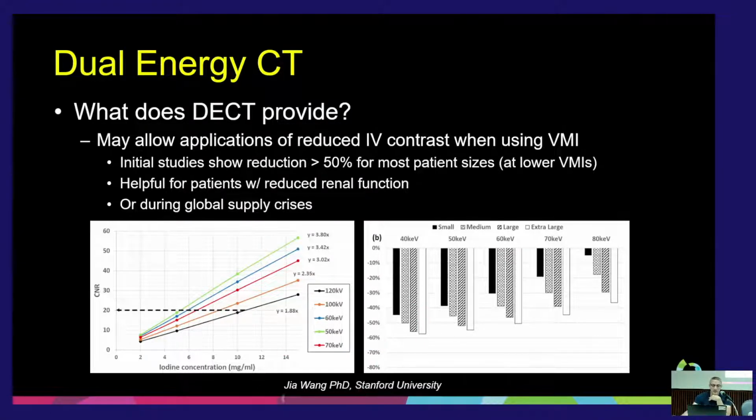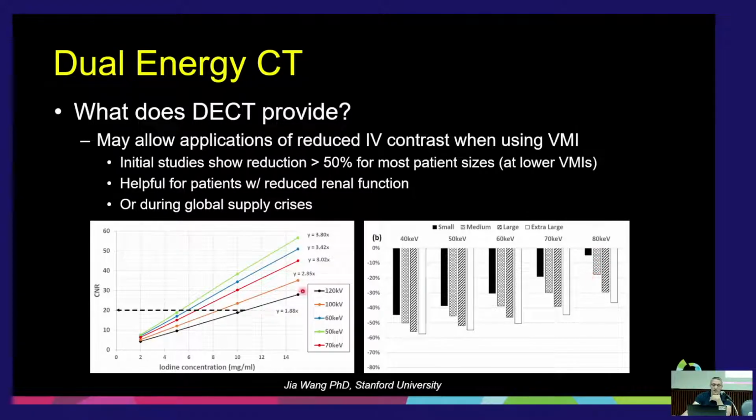In a study that I partnered on with Stanford and a couple of other universities in the US, we acquired a bunch of images with dual energy. We did it with all the different vendors and all the different approaches, and we used phantoms. We calculated CNR in those phantoms after we processed the VMIs at 40, 50, 60, 70, and 80 keV.